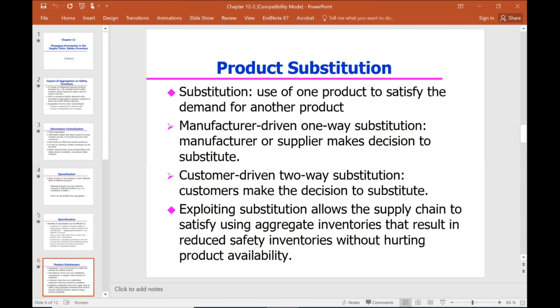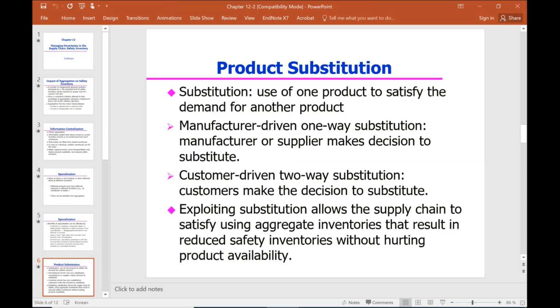For example, let's say the customer wants a specific A item to buy, but you find out this A item is out of stock. You are not able to provide this product to your customer. So instead of product A, probably you sell product B to the customer.